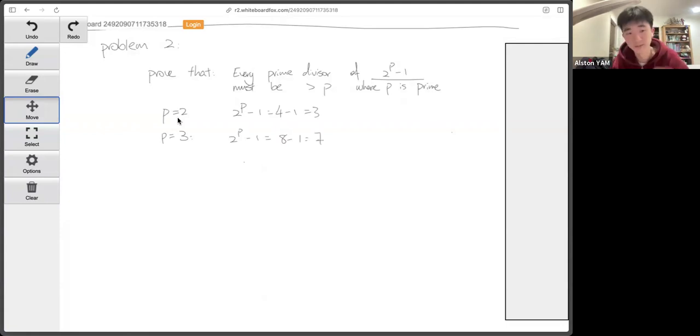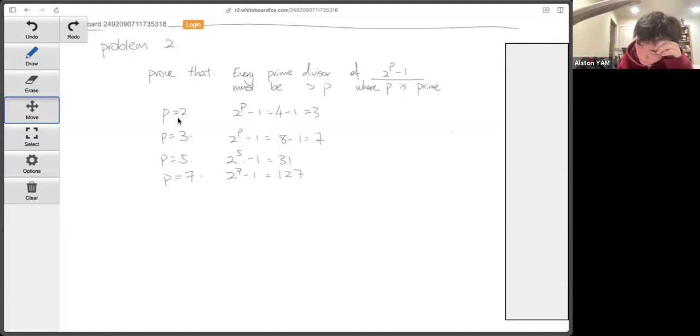Once again, the prime divisor of 7 is just 7, greater than 3. p equals 5: 2 to the 5 minus 1 is 31, which is prime and bigger than 5. That's a special case, since 2 to the p minus 1 is not always prime. So let's try one more, p equals 7. 2 to the 7 minus 1 is 127.